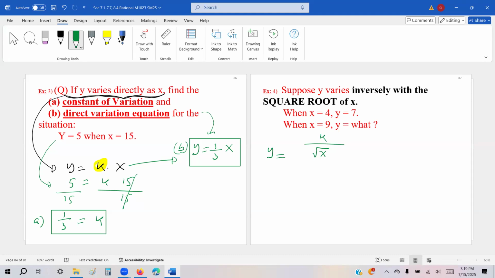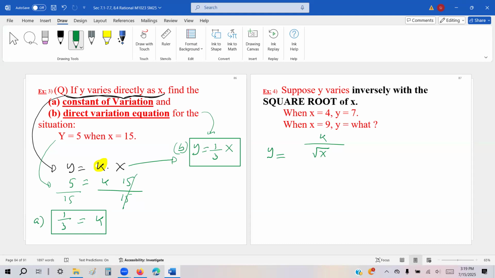Who is lost? Tell me, Jason. Step 1, identify which two things are changing. Can you do that? Look at here. Y varies means changing, okay? So y is changing directly as x. Which two things are changing in this sentence?